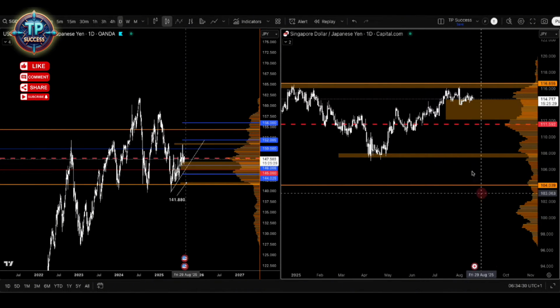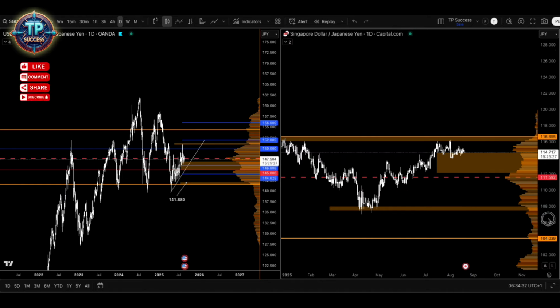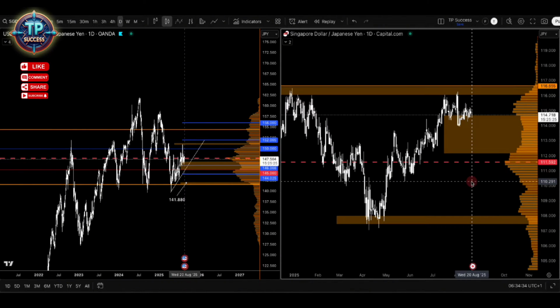Okay, so this is what we can see right now on USDJPY versus the Singapore dollar. Right, this is what we can see. Price is in this zone right here.